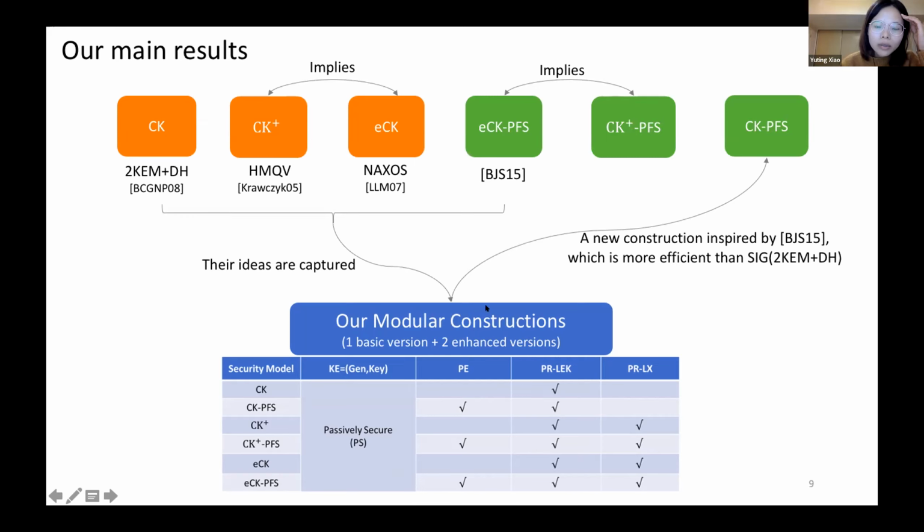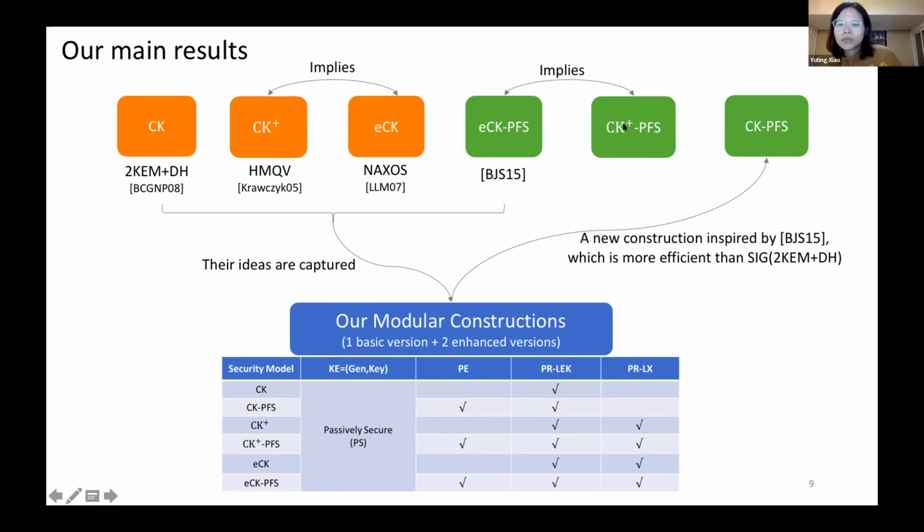We use our modular constructions to explain some existing protocols in the CK, CK+, ECK, and ECK PFS models. According to our results, the same KIF can be used to achieve security in both the CK+ and the ECK models. The same result also holds for the ECK PFS and the CK+ PFS models.